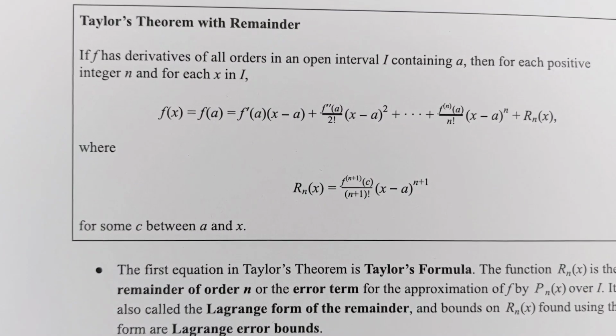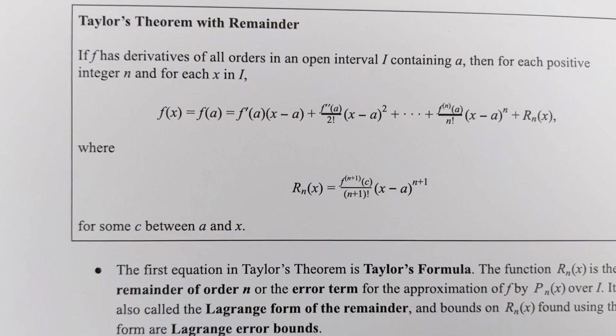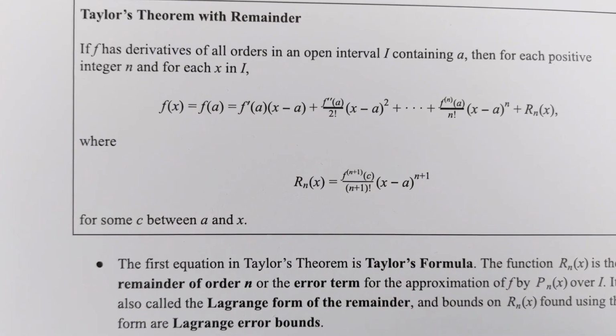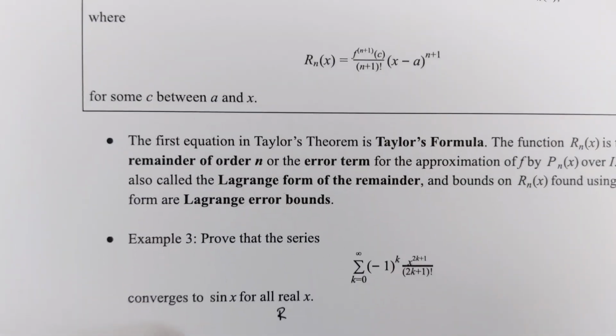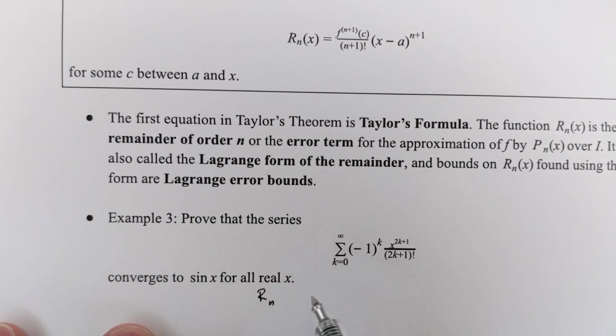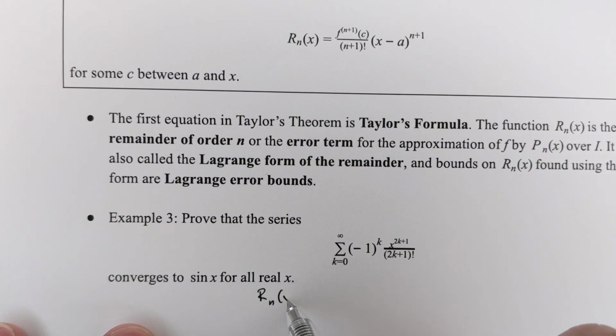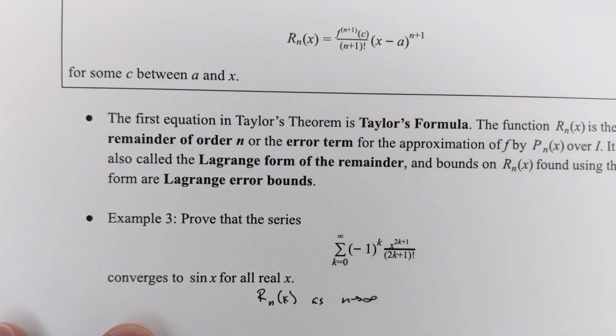So let's see here. We need to figure out what happens to this. We need to work out R_n of x as n goes to infinity, as we let our numbers get much larger.